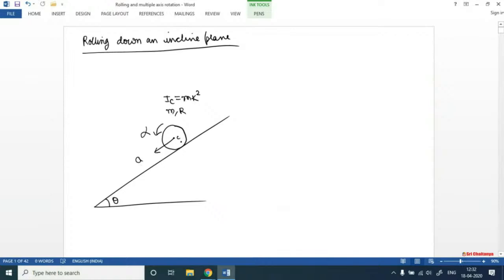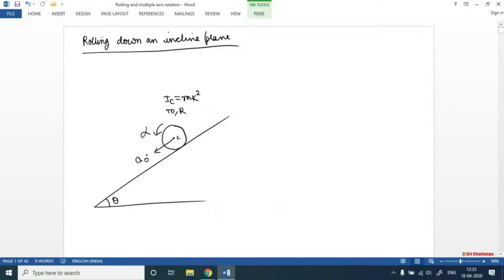In this question, this information is also given to us that this inclined plane is sufficiently rough for this rolling to happen. Sufficiently rough means friction will be able to prevent slipping at the point of contact. There would be no relative motion at the point of contact of this round body and inclined plane. So once we are given all this information, we are required to find out a naught and alpha.